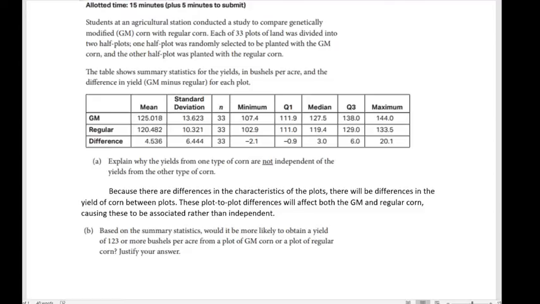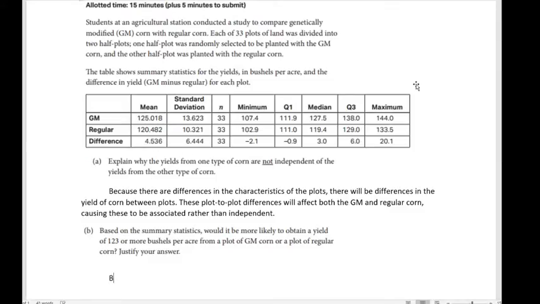Instead, we want to think about how distributions behave, so we're going to look at the means and standard deviations here, and we see that the mean for the GM corn is 125 and change, and the mean for the regular corn is just above 120.